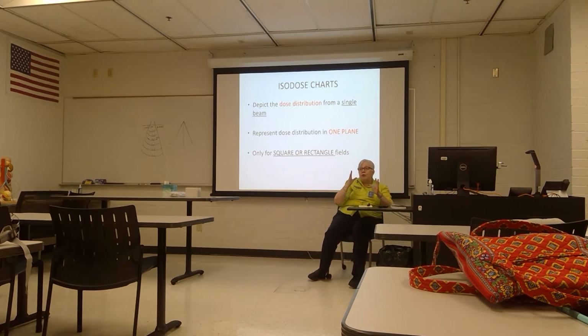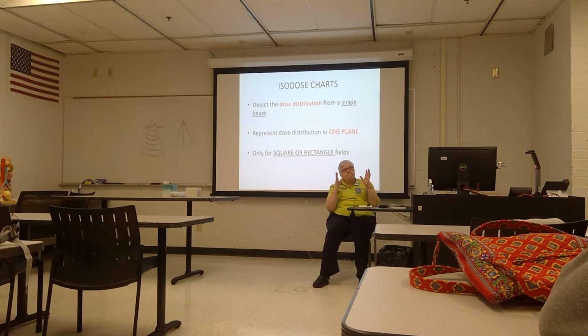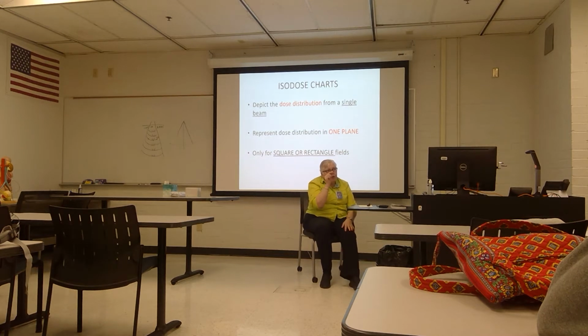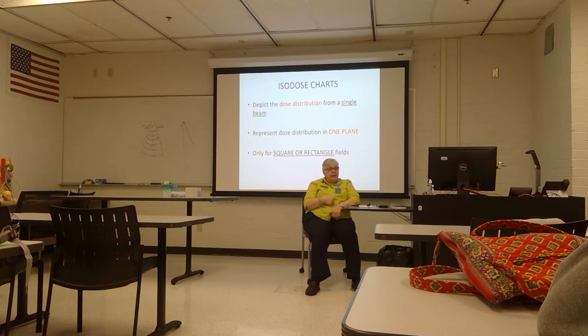So if you want to put a 15 by 15 square field onto a patient, to be accurate, you want to put it on the crosshairs. Your tattoo or your little crosses on the patient are where you want to set your central axis, right?